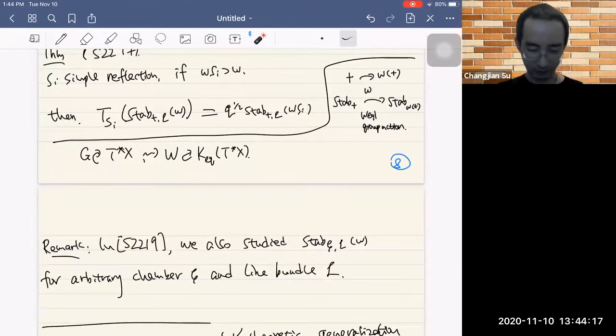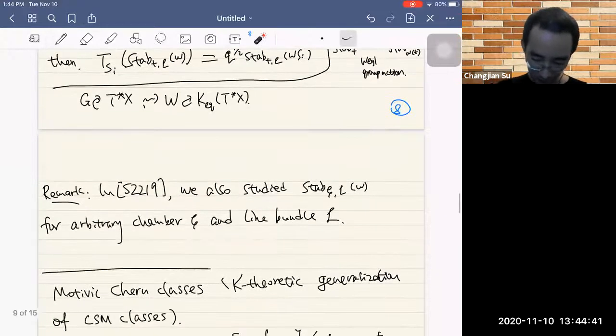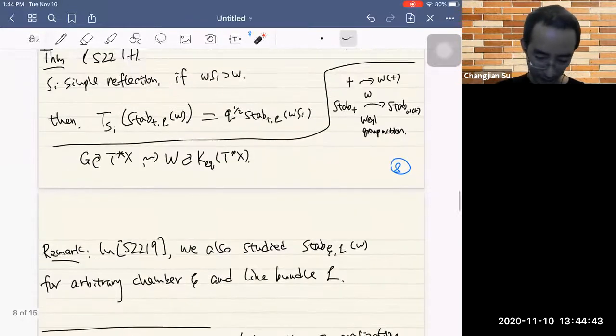Once we have this, we can determine all these stable bases for arbitrary chamber and for arbitrary alcoves. Then we can categorify this using the affine braid group action on the derived category of coherent sheaves on the Springer resolution constructed by Bezrukavnikov and Riche, and Okounkov. Anyway, this is about the Hecke algebra action.